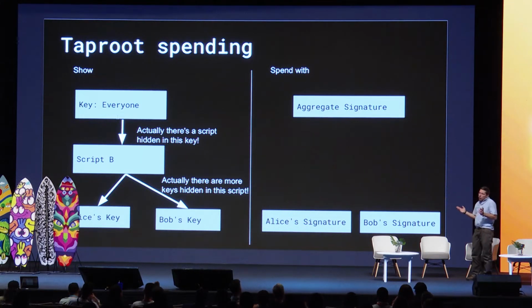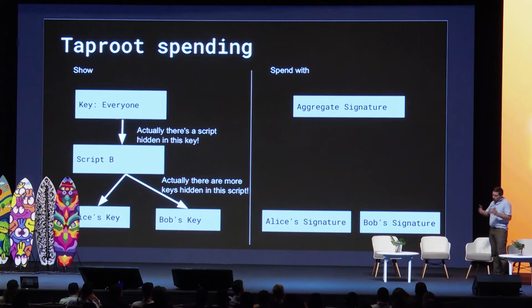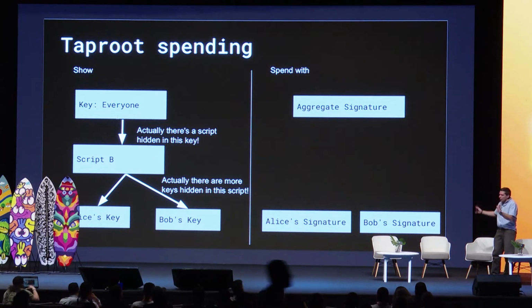It's not important for everyone to know that Alice could have signed. It's just important to know, okay, Bob is allowed to sign, and he did, and so it was a valid transaction. So this is a bit different from court, so this is where the analogy maybe breaks down, but it's a contract where you only show the very small portion that you're using, right? The rest of the whole contract never gets to court. You're just saying, okay, this happened, he's doing it, you're good. So that's sort of the idea of how Taproot works.